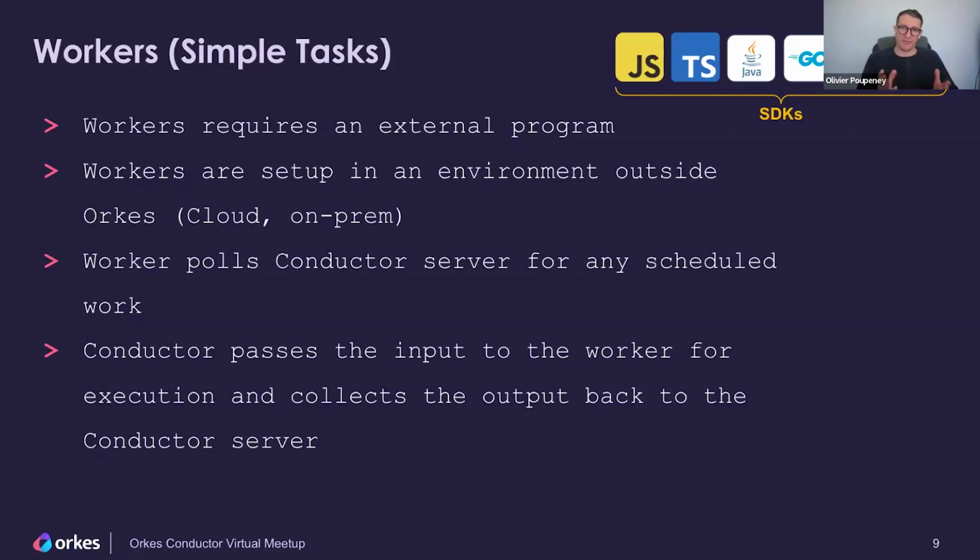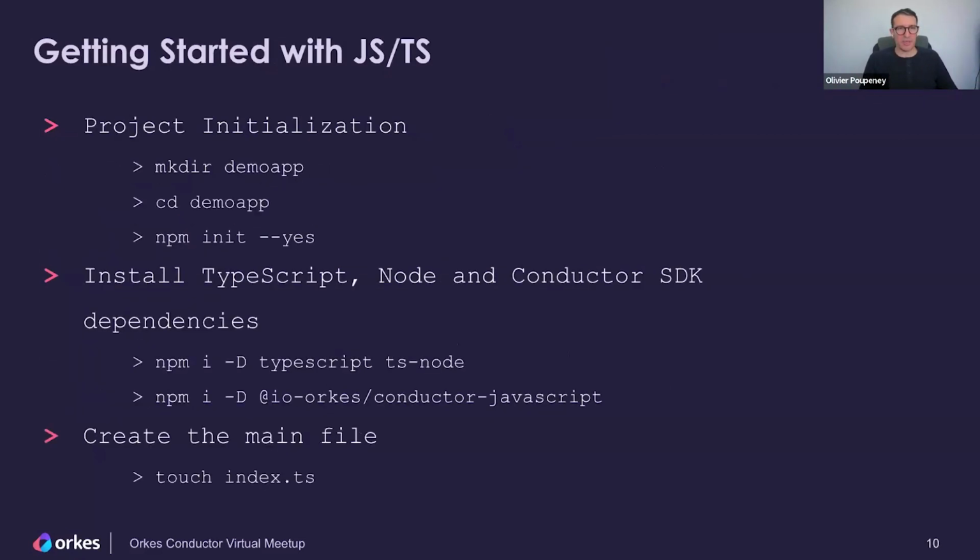So we're going to focus now on the JavaScript TypeScript one. How do I create a worker, or an application that executes an orchestration, using JavaScript TypeScript? It's very simple. Really, in a few minutes, you can be up and running.